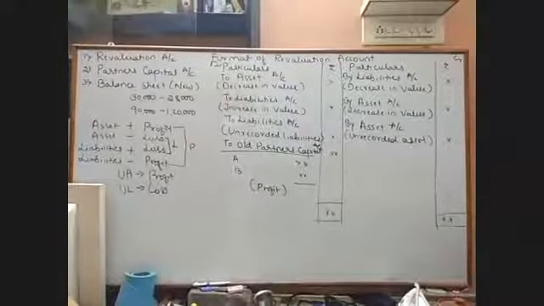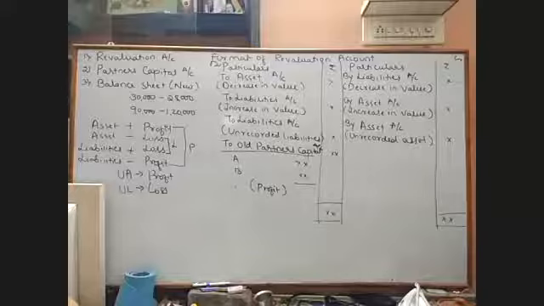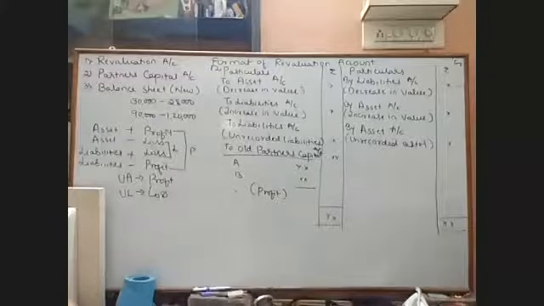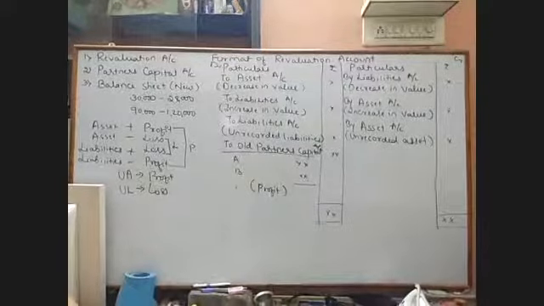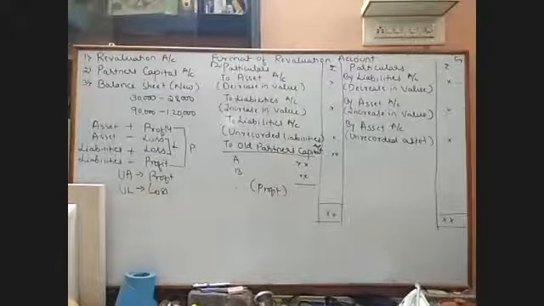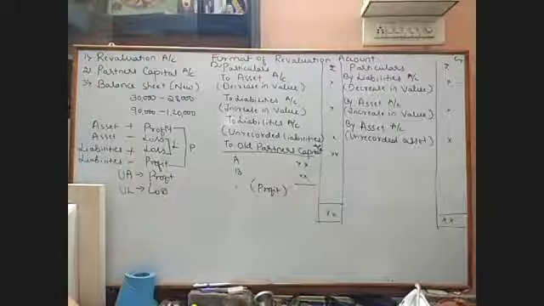So the credit side is greater when there is a profit. Okay, I request you to note down this. And if there is loss, the same thing should be written on the credit side.